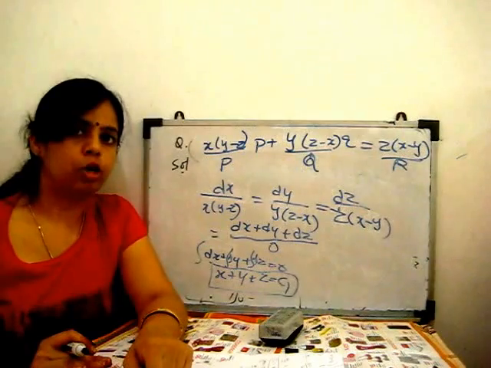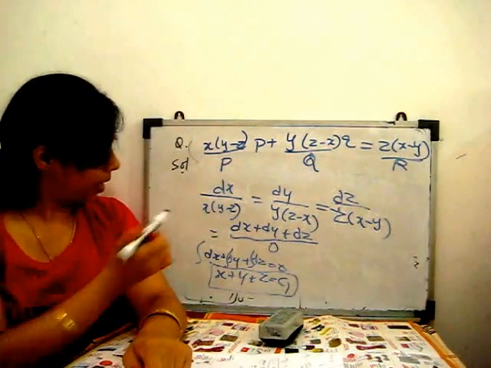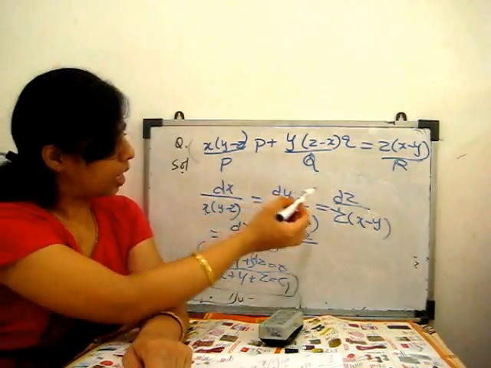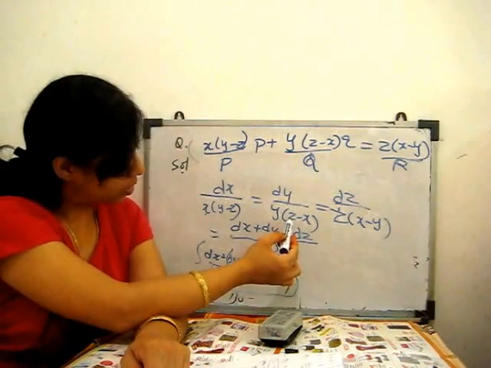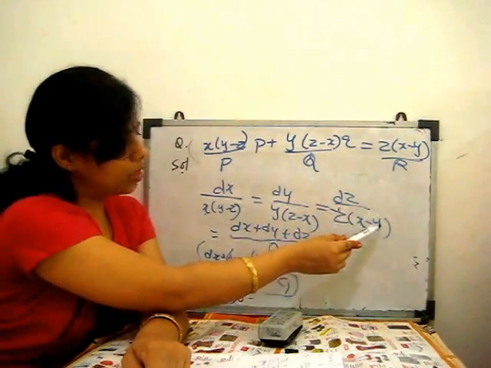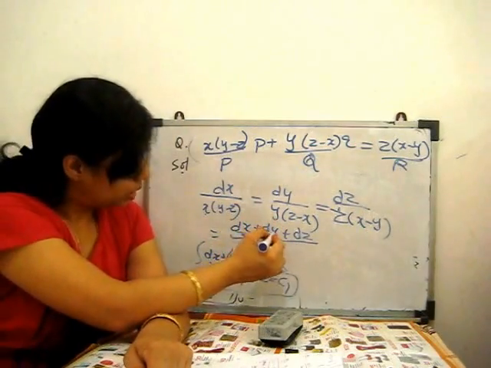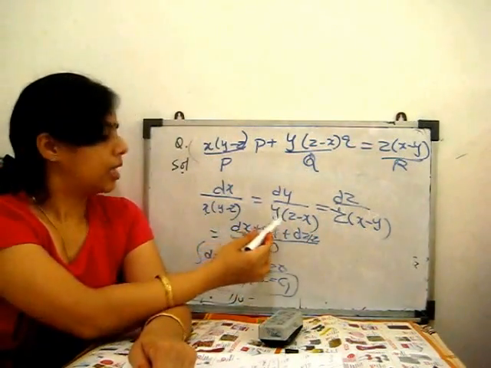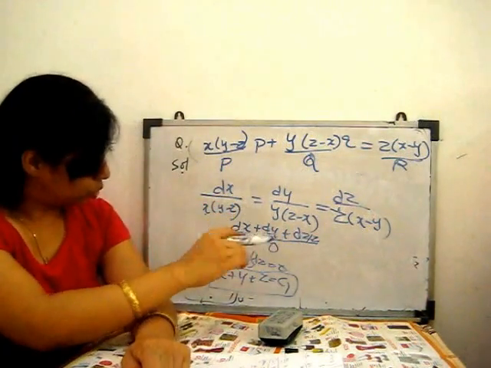Now second we need to find the second constant. Again method of multiplier: if I take l = 1/x, m = 1/y, n = 1/z, then the denominator again becomes 0.